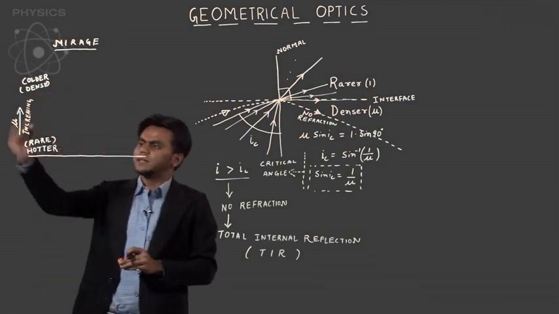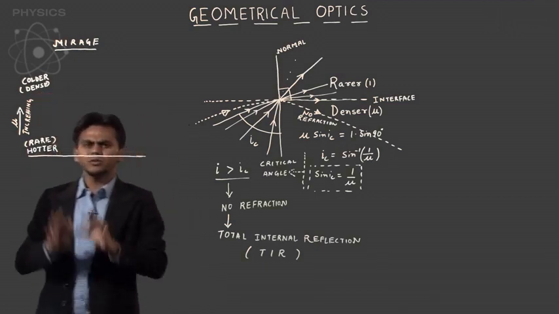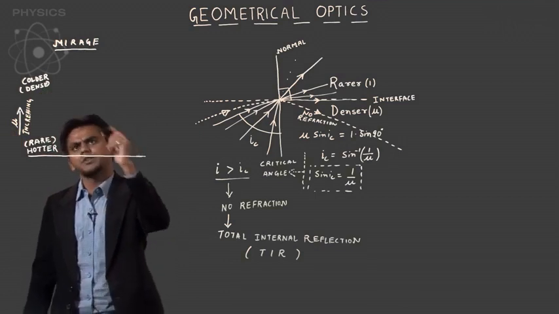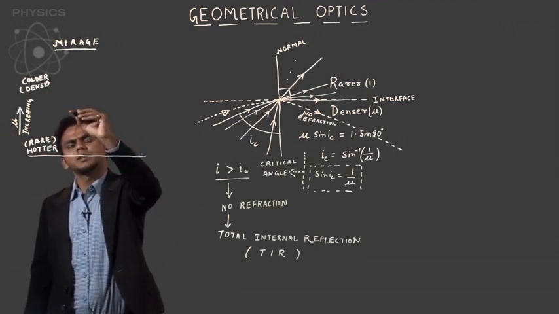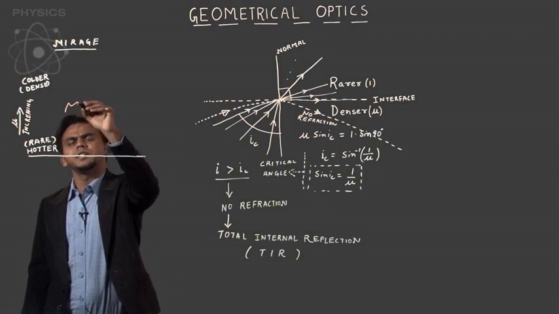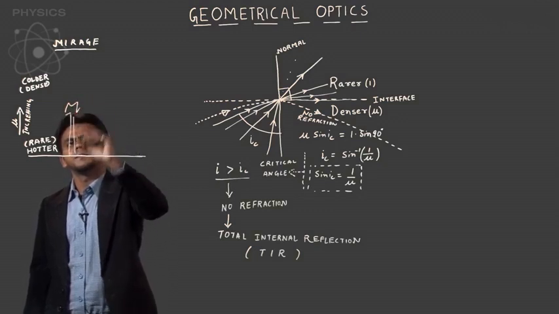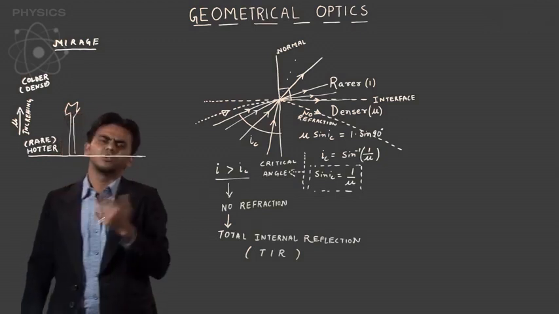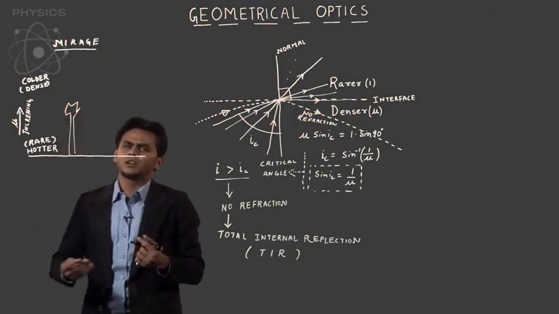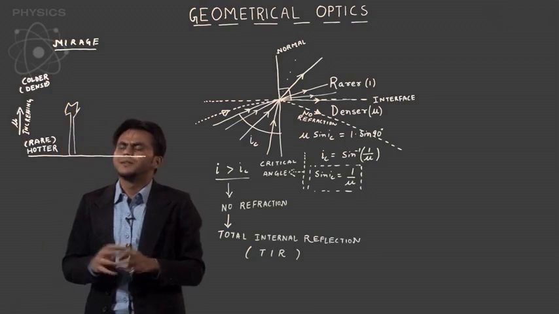If mu is increasing as I go up, let's think of a situation in which I have an object like this. It could be a tree or a building, it could be anything. I made a very irregular shaped object because objects are naturally of irregular shape in real life.